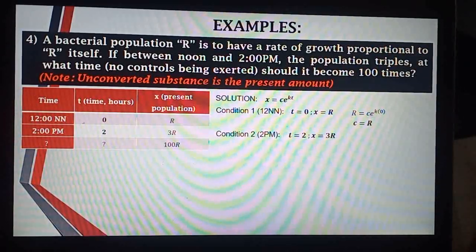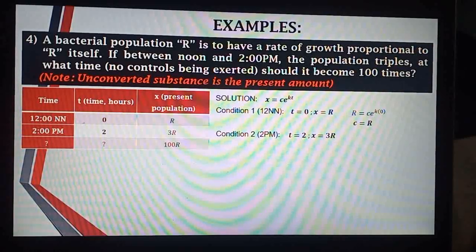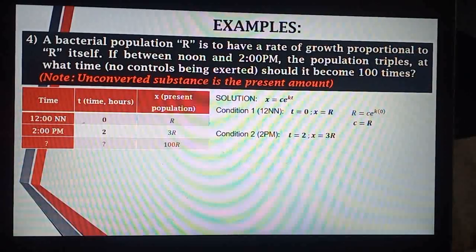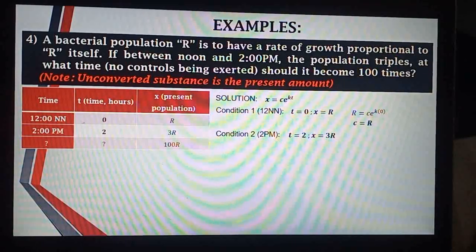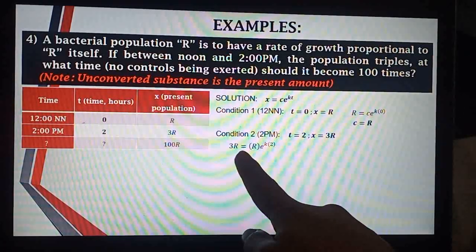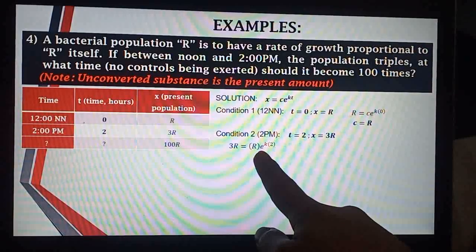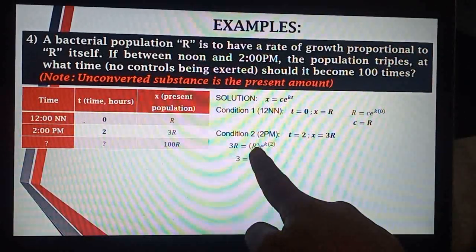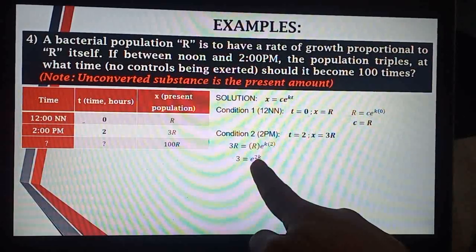Now, for the condition 2, at 2 p.m., the value of t is 2, and the value of x is 3r. Now, substituting the computed value c, then the condition, you will now have 3r equals r e raised to k of 2. Then you will have to cancel r. You will have 3 equals e raised to 2k.